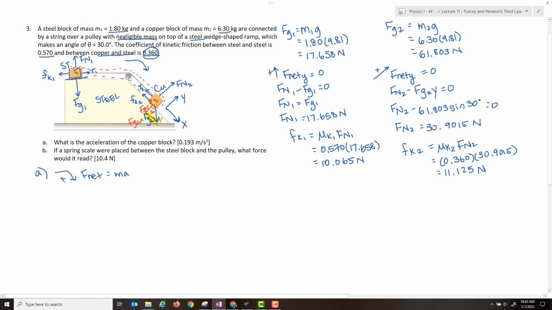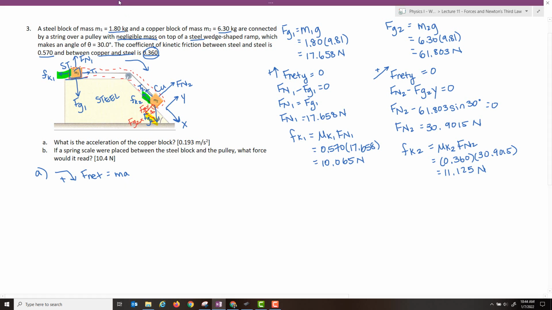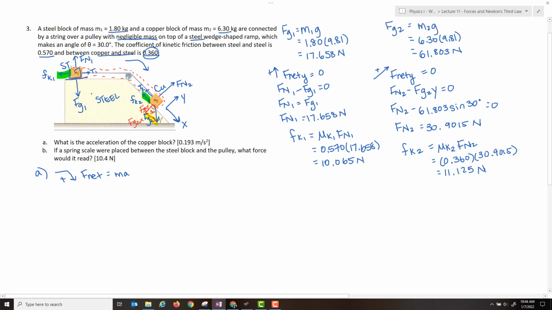What are the forces that are pulling or resisting it from going down the ramp? It's Fk1 and Fk2. Those are the two forces that are resisting the whole system from going down the ramp. They're the forces that are trying to pull it up the ramp. Okay, so now if we look at those forces, F net would be Fg2, positive, because that's the force that's pulling it down the ramp, minus the other two forces, Fk1 minus Fk2.